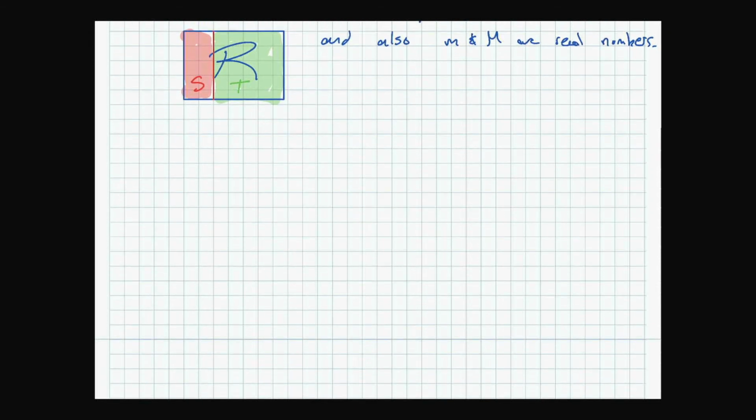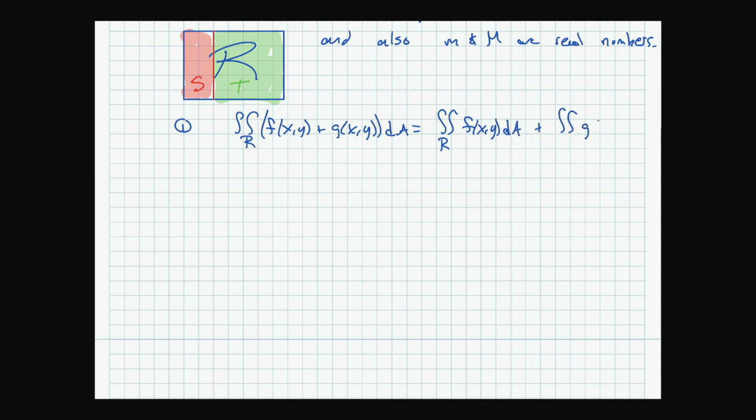Okay, so let's see here. Here's our first property. If you wanted to do the double integral over R of f plus g dA, guess what? You can split that integral up and just do the integral of f and the integral of g.